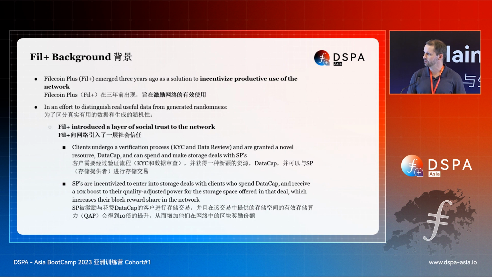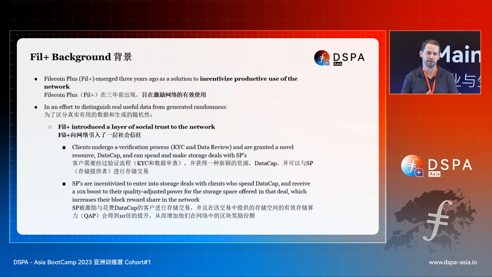Okay, the background. So after Filecoin was started, Filecoin Plus was introduced 3 years ago as a way to incentivize productive use of the network. So we wanted people to start using the system, and this became a way for them to find real data, verified data, through a process of social trust.